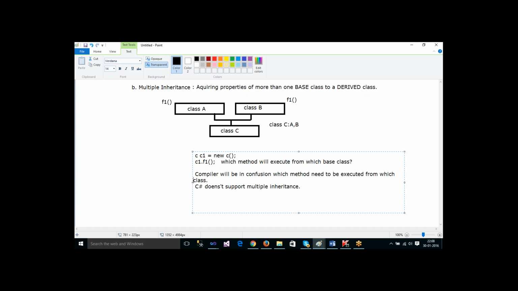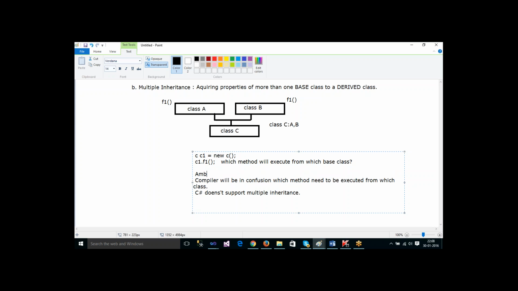This error is called an ambiguity error. Confusion occurs for the compiler, that's why C# doesn't support multiple inheritance. To overcome this problem, the solution is interface. Clear now? What is multiple inheritance?